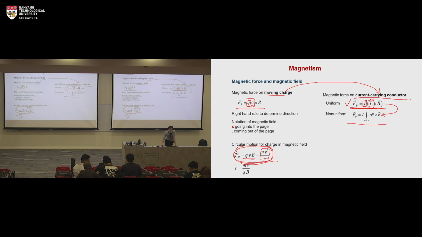If the entire I or entire wire is not constant, then we can purposely construct this tiny section ds so that I, L, B are all uniform for this ds section. Then we can apply this simple formula to get FB for this ds section. Then one more step to do this integration along the entire wire. That is going to give you the total force.